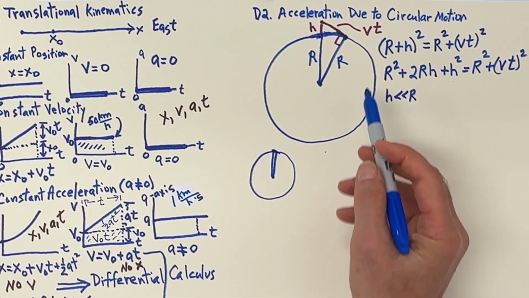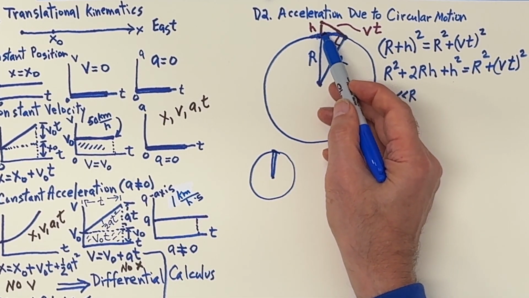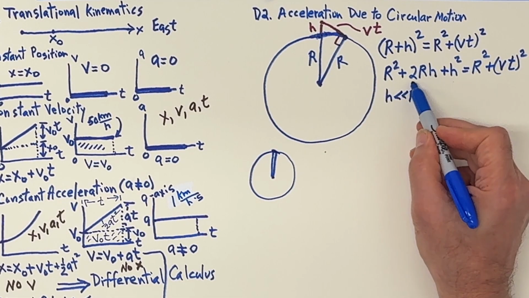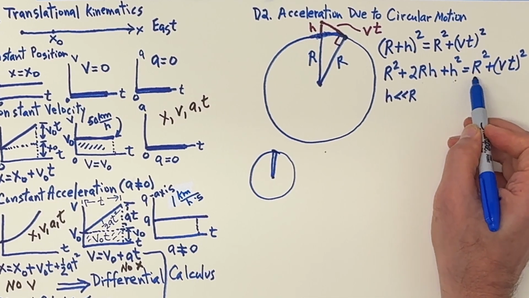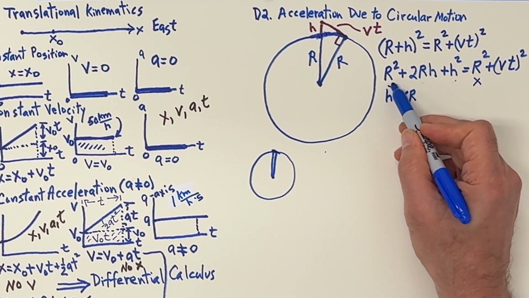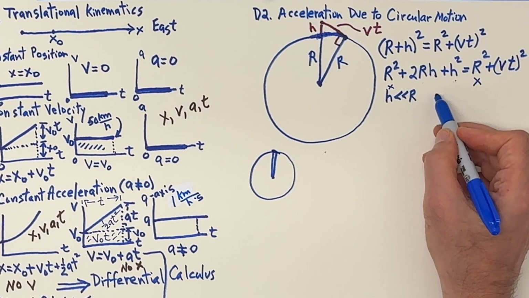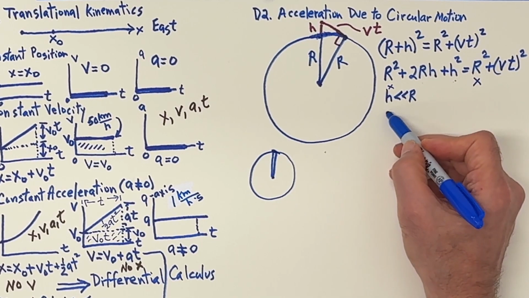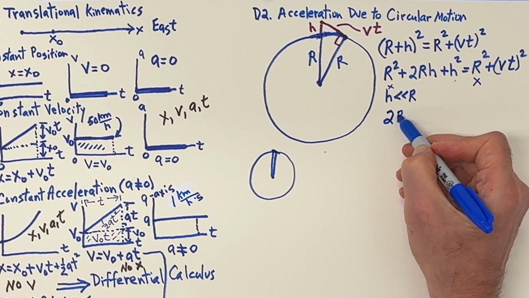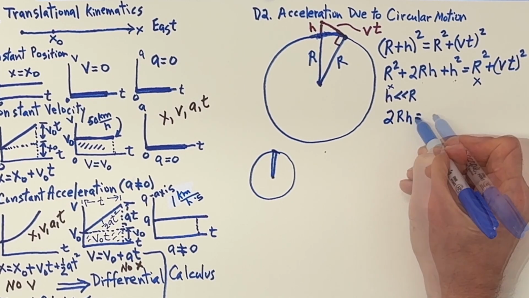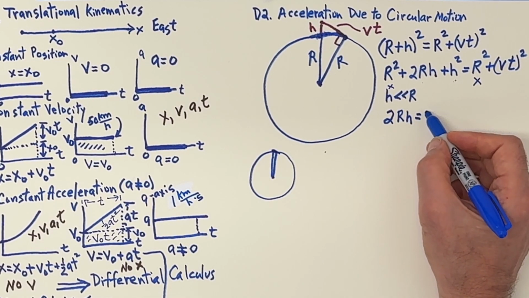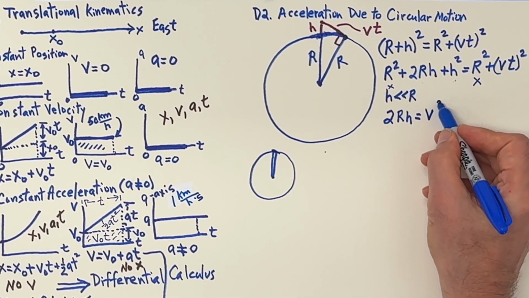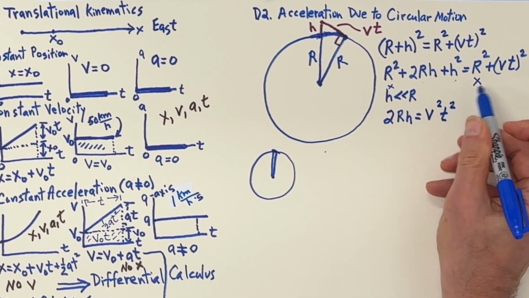So when that point gets so close, the H is going to get smaller and smaller. So this term here will be much greater than that one. Notice that this one's going to cancel this one. So we will have 2RH equal to v squared times t squared.